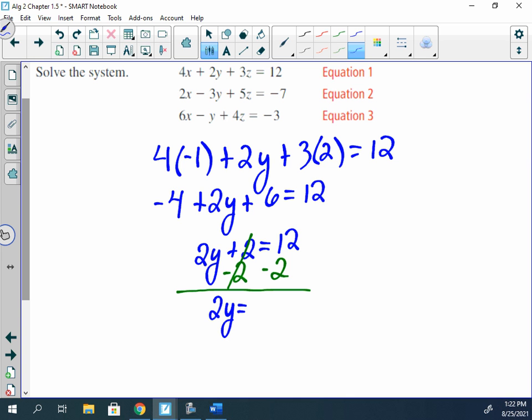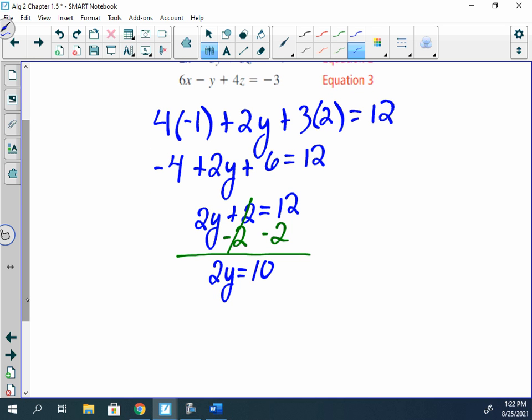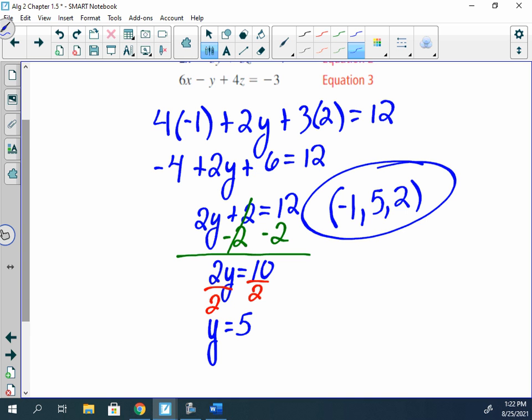So 2y is equal to 10. Divide both sides by 2 and so x is negative 1, y is 5, and z is 2. So that there is the solution.